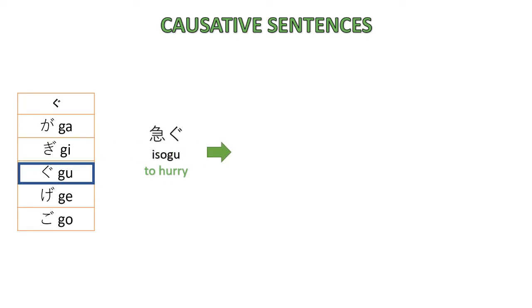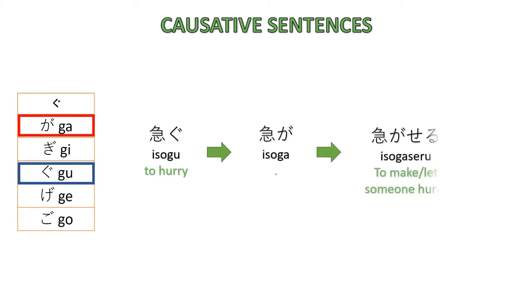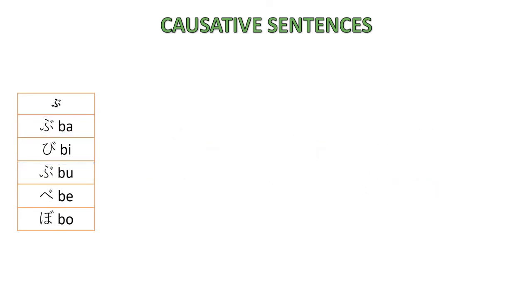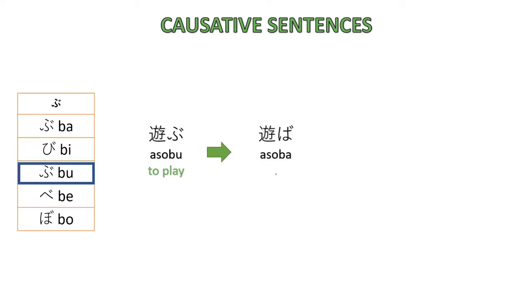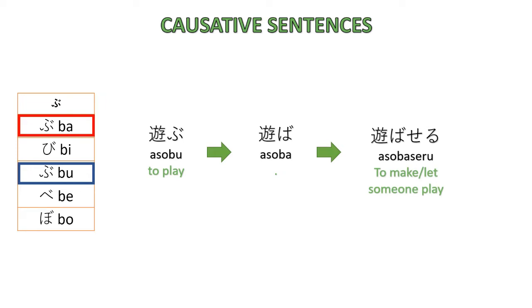Again, ga, isoga. And isogaseru, to make or let someone hurry. Verbs ending in bu, asobu, for example. So asobu becomes asoba. And add seru, asobaseru, to make or let someone play.